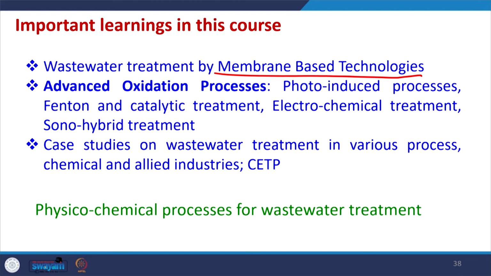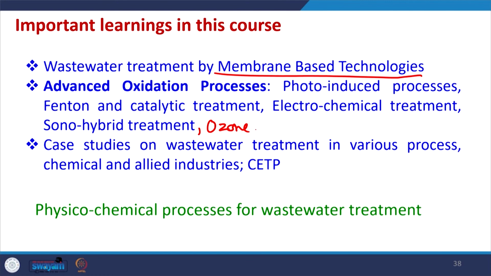Thereafter, we studied the advanced oxidation processes, and these included photocatalysis, Fenton process, catalytic wastewater treatment, electrochemical treatment, ozone treatment, etc., and then the hybrid technologies also, including sono-hybrid treatment techniques.